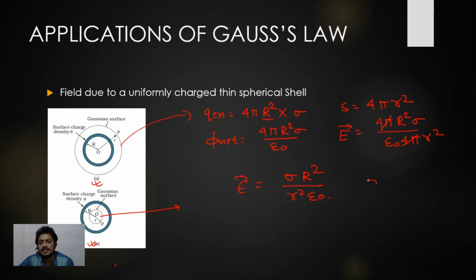And this sigma, we can say, is Q, the total charge on the spherical shell, divided by 4 pi R square. If we replace sigma with this, it will become Q by 4 pi epsilon r square. So the electric field due to a uniformly charged thin spherical shell is Q divided by 4 pi epsilon r square.